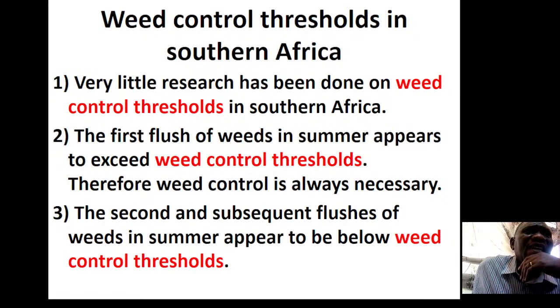Probably I should mention that we do have a DPhil student who is working in Murewa and Mutoko, and from the data which she has collected so far, I think we can come up with some weed control thresholds for those two areas, specifically for maize and groundnuts.